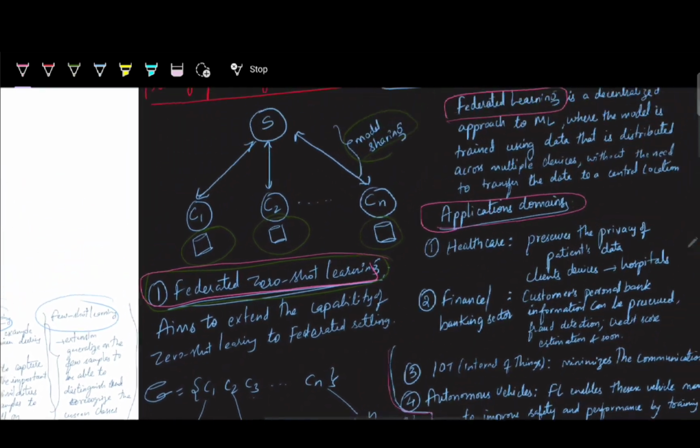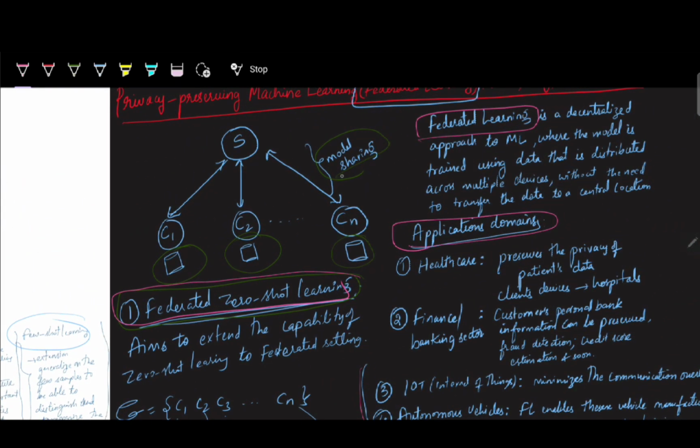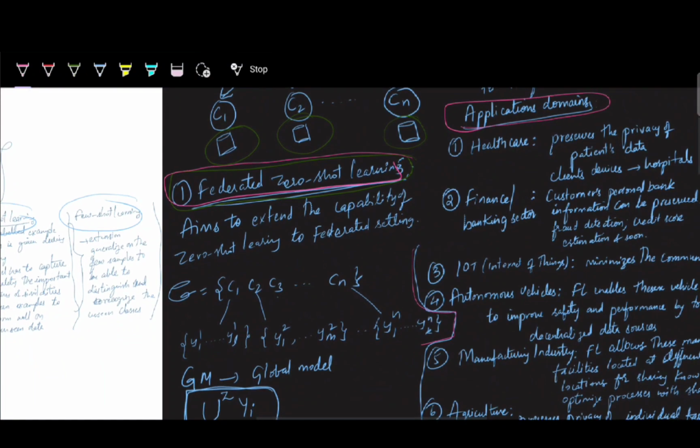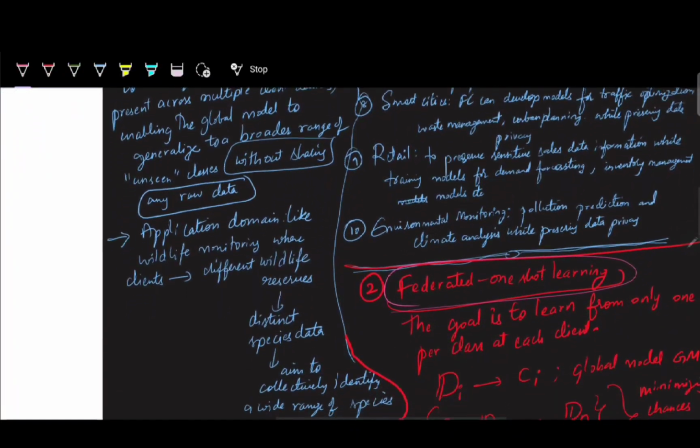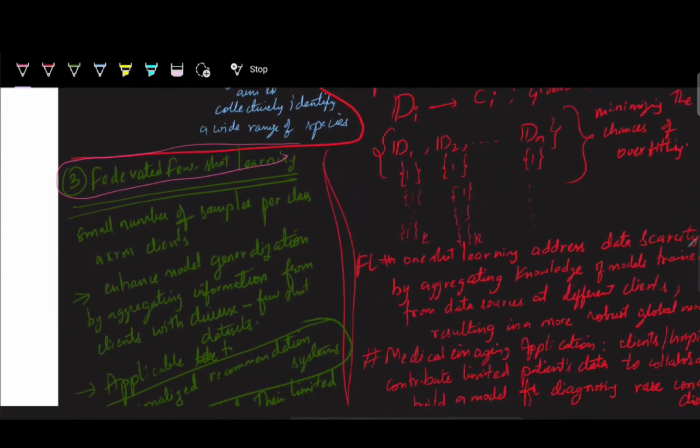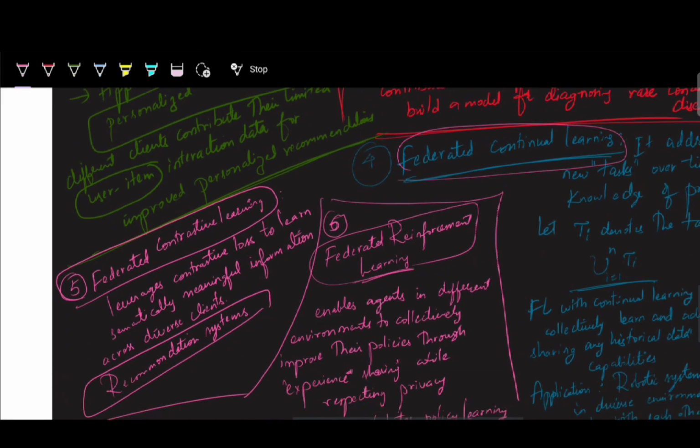Coming to tasks, federated learning can easily expand to federated object detection, federated semantic segmentation, federated object tracking, federated generative AI, and so on. And coming to paradigms, we have federated zero-shot learning, one-shot learning, few-shot learning, federated continual learning, contrastive learning, and federated reinforcement learning.